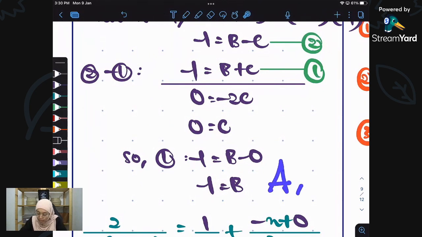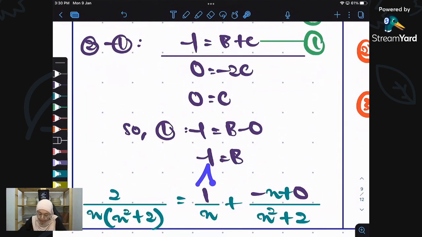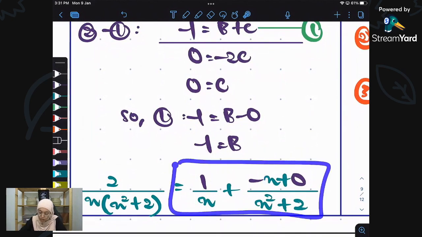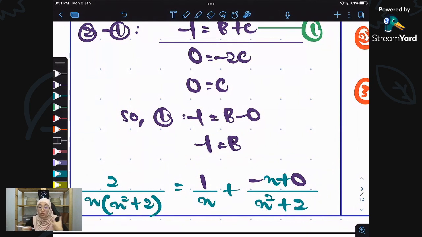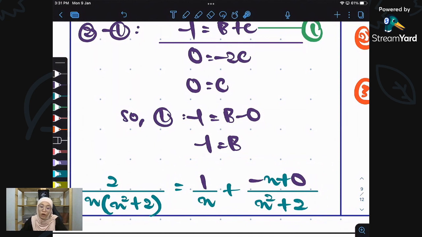I got the values of A, B, and C. I put it back: the value of A is equal to 1, the value of B is equal to -1, and the value of C is 0. So here we go. This is my answer for partial fractions. So I am going to use my partial fraction ini untuk diintegrate pula.